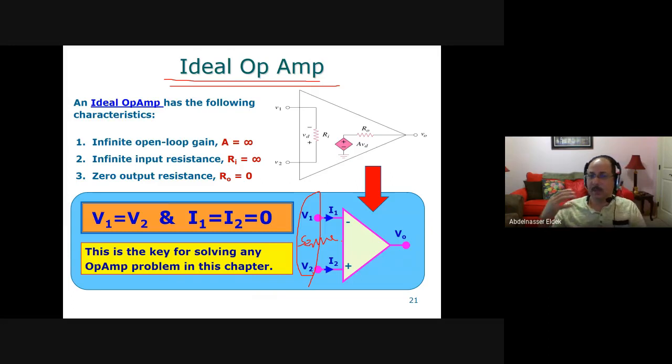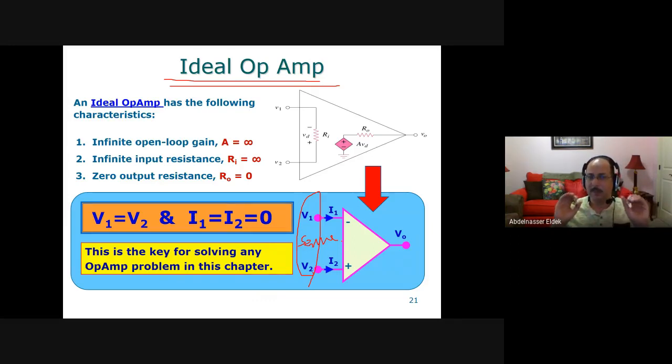Okay. So these are the steps to solve any operational amplifier problem. Number 1, the input currents I1 and I2 are 0. Number 2, V1 and V2 are the same. Number 3, apply nodal analysis at the input of the operational amplifier.